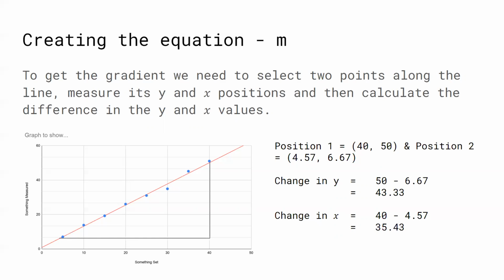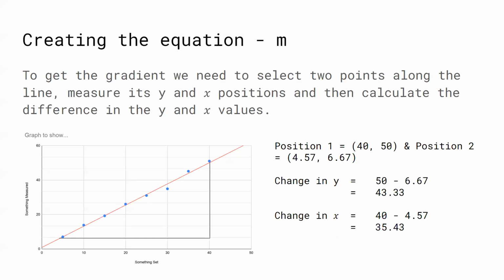So to get the gradient, we need to select 2 points along the line, measure their y and x positions, and then calculate the difference in the y and x values. So for example, position 1, which is the higher value on the right, is 40 along and 50 up. And position 2, lower on the left, is 4.57 along and 6.67 up.